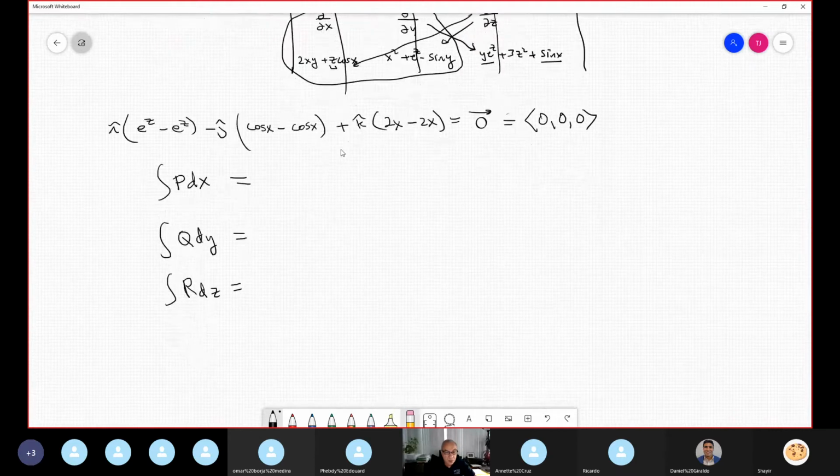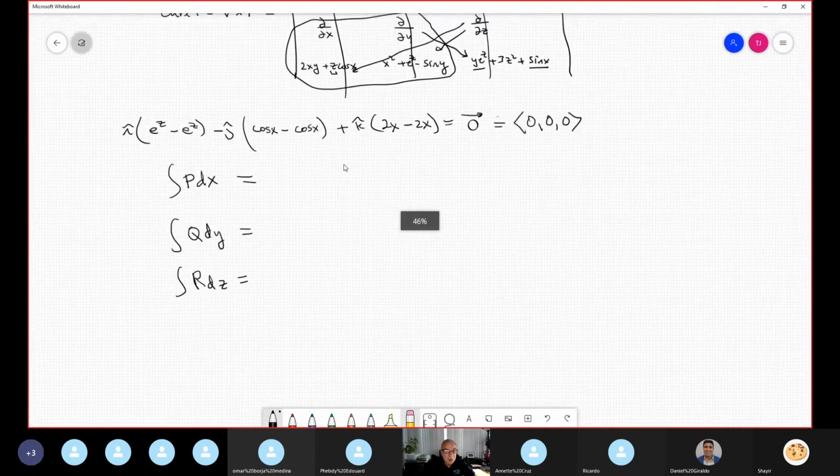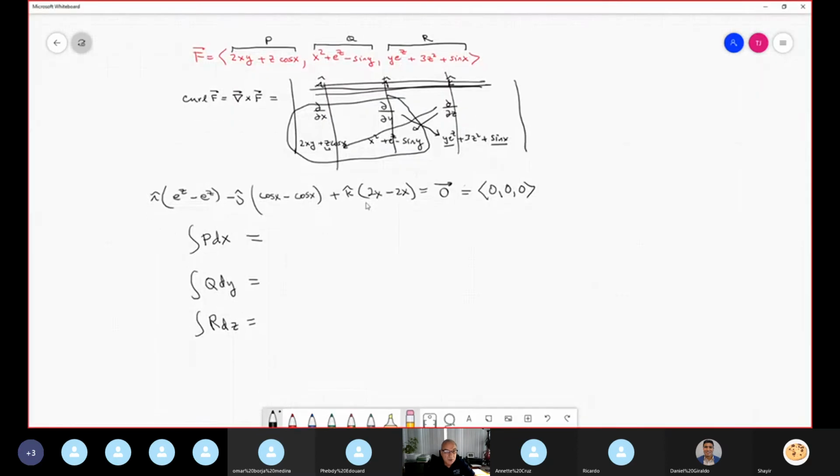Who is p? Well, p in our example was, let me copy, the antiderivative of 2xy plus c cosine x dx. And you consider only x as the variable, the rest is not variable. So we have x squared. Why?